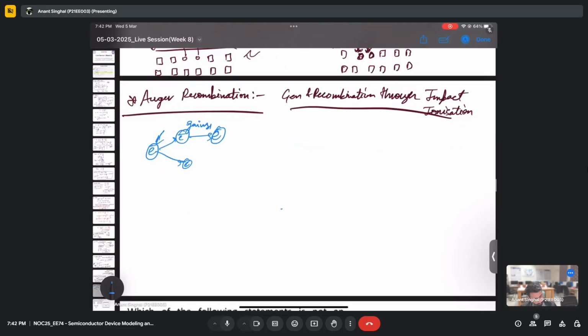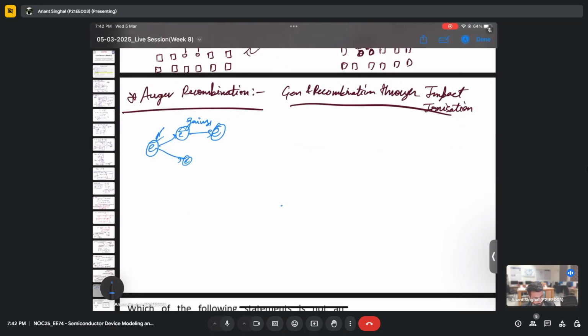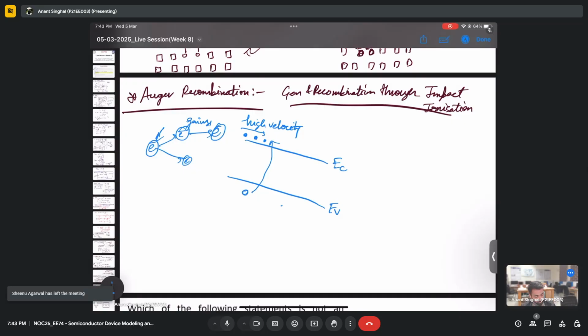Let me try to make a picture that will be easier for you. Let's say this is EC, this is EV, since we are not in equilibrium. These electrons are moving with a very high velocity. Due to this high velocity, or the application of, let's say, a very high voltage, we have this impact ionization, and impact creates this electron hole pair.